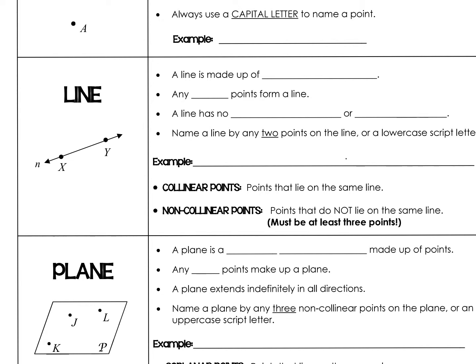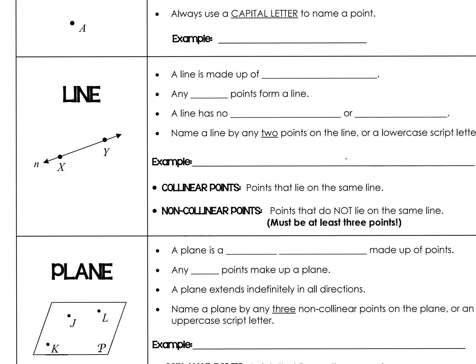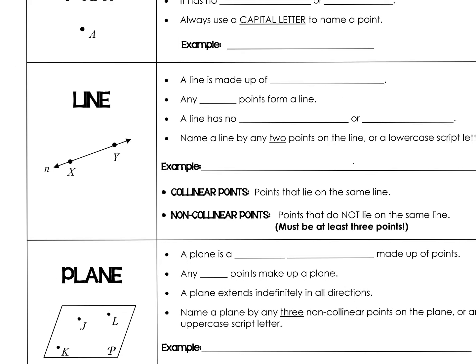I'm using an old stylus, so my writing isn't going to be the greatest. A point is a location. It has no size or shape. And we always use a capital letter to name a point.